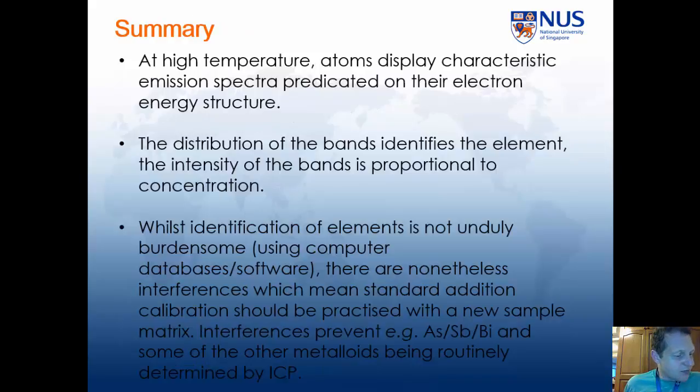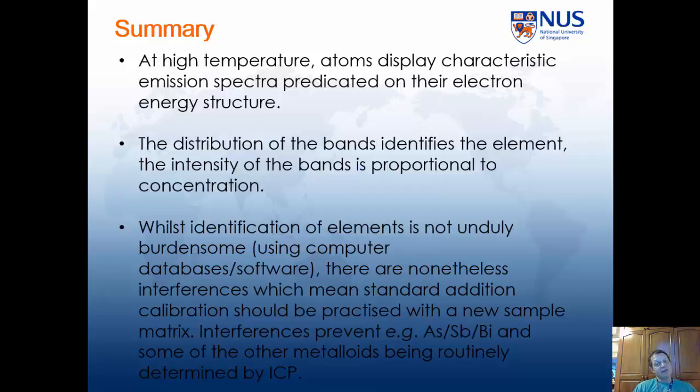Okay, it's probably worth just reviewing the advantages of ICP over previous techniques. So it's much hotter. The plasma is much hotter than any flame. Probably the highest temperature flame you like to get is maybe 3000 Kelvin.